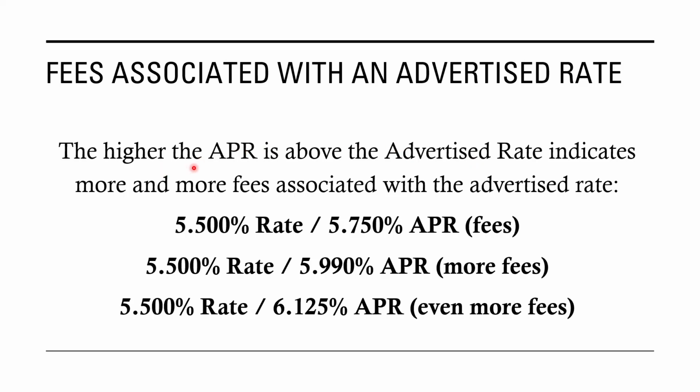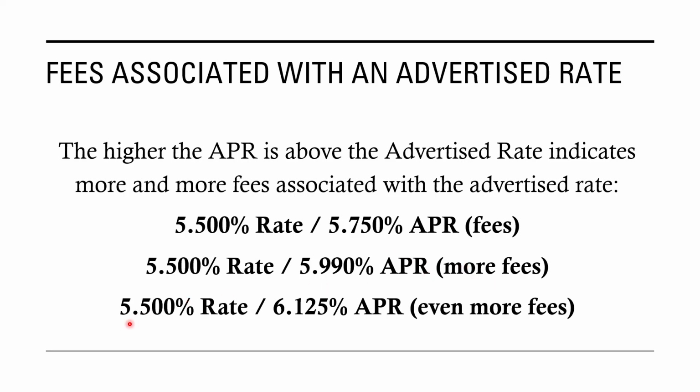And the higher the APR is above the advertised rate indicates more and more fees associated with the advertised rate. For example, 5.5% rate with a 5.75% APR indicates fees. 5.5% rate with a 5.99% APR indicates more fees than this 5.75% APR.